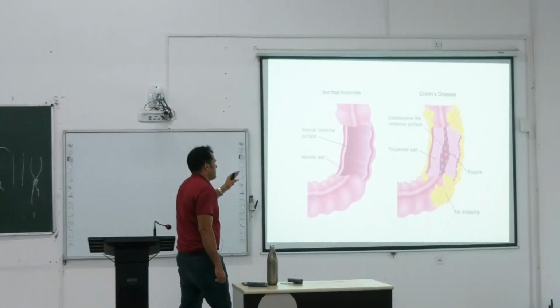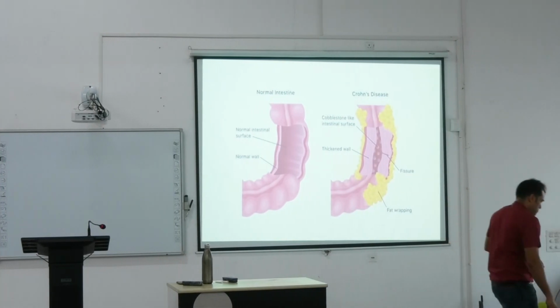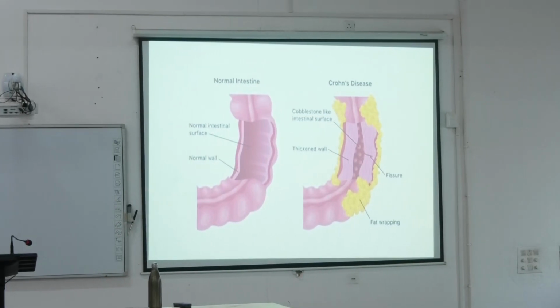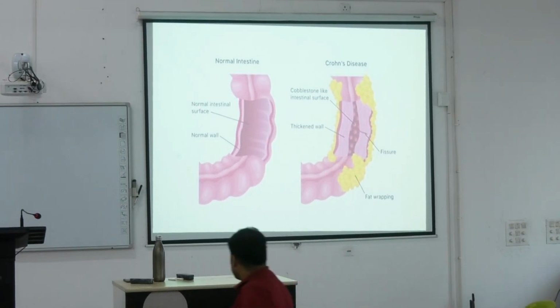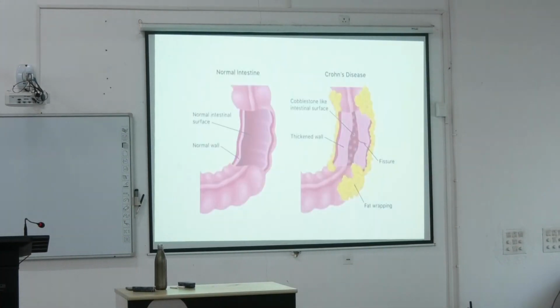If you compare a normal intestine, to your left, and the diseased intestine, to your right, in case of Crohn's disease, you can make out how thick the walls are, and look at the cobblestone appearance.